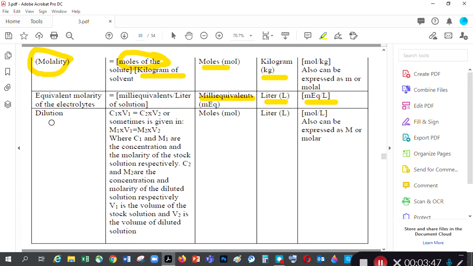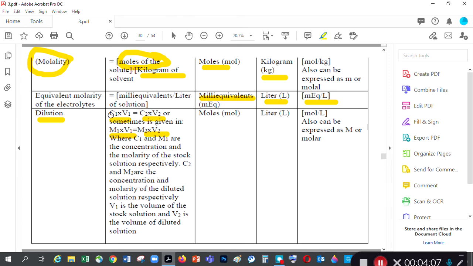MEQ/liter. Dilution law can be written as C1V1 equals C2V2, or sometimes some textbooks like to have it M1V1 equals M2V2, because M is molarity and C is the concentration.